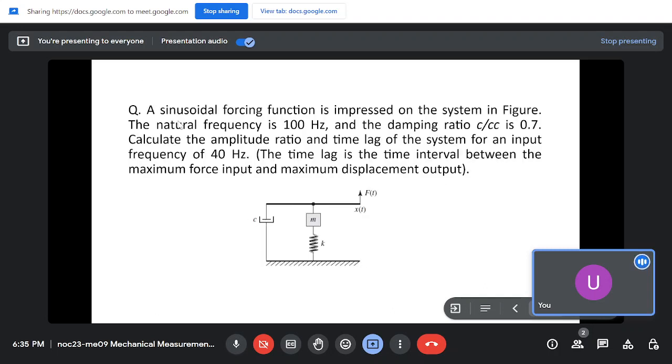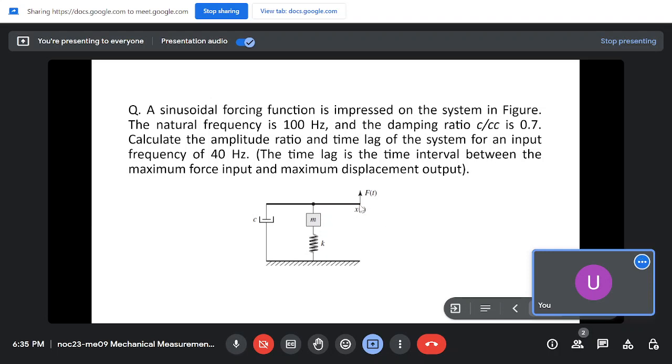So moving on to the next question, we have a sinusoidal forcing function impressed on the system as shown in the figure. We have a system with a mass, a spring and a damper, in which a forcing function is applied. There is a lever with a damper, and at the center a mass and spring attached.